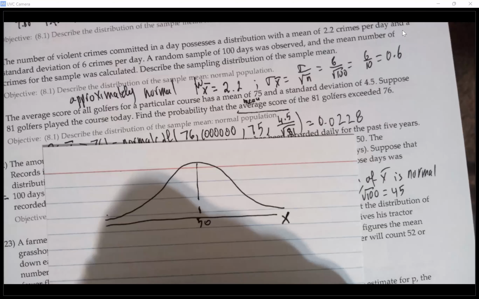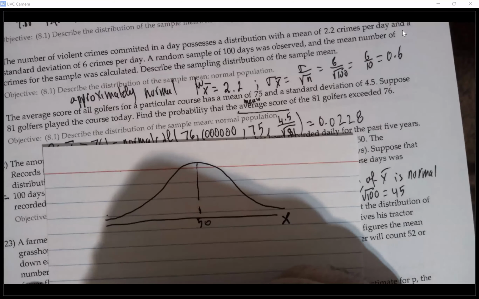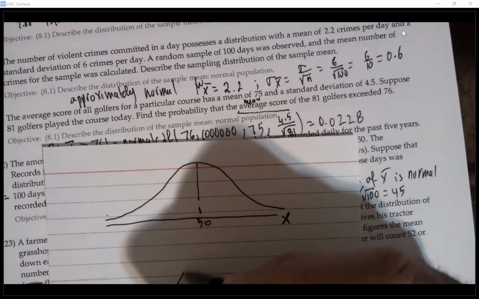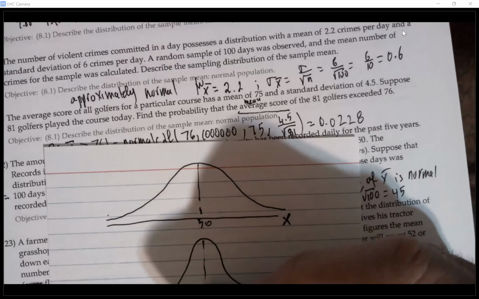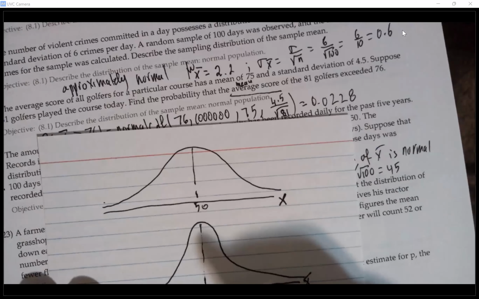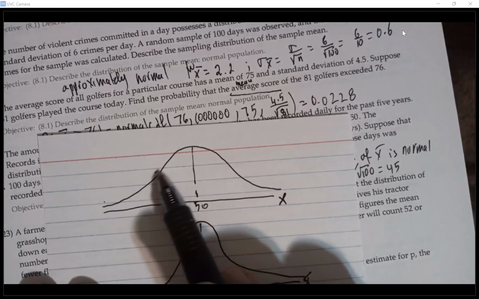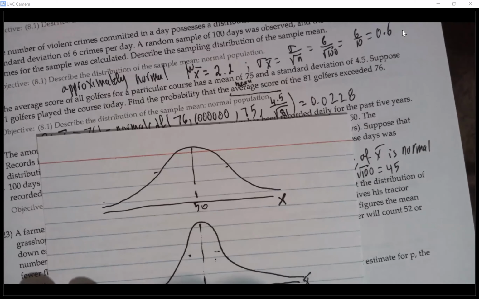You would draw the exact same curve with the mean of 50, but watch what's going to happen here. This is X bar, the sample mean. You notice this curve is wider, more spread than that one. This is narrower because the standard deviation of X bar is always smaller than the standard deviation of X.